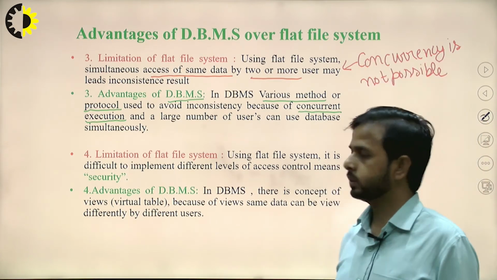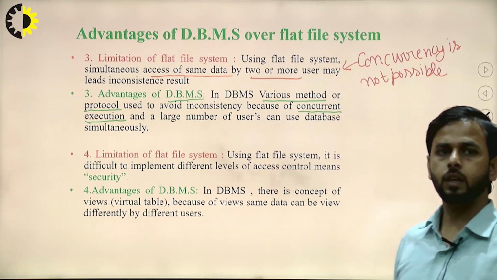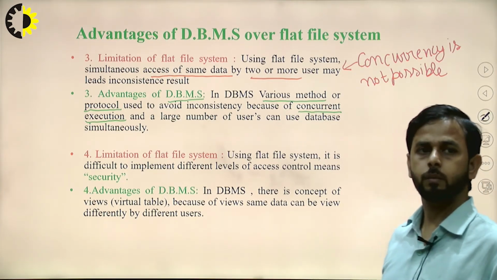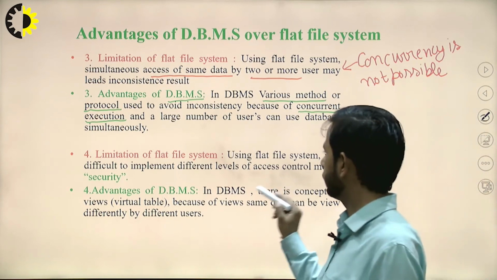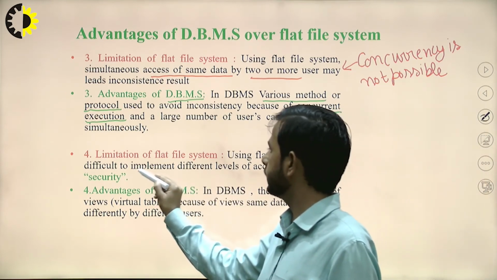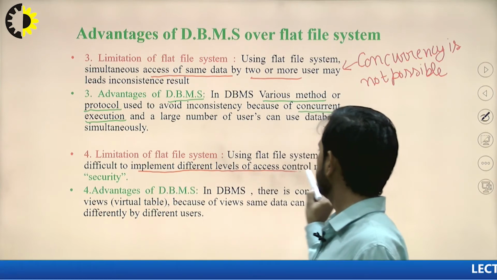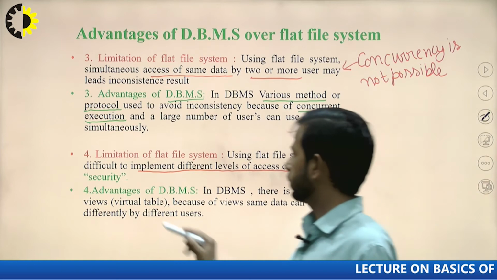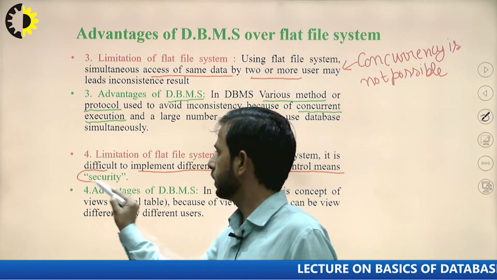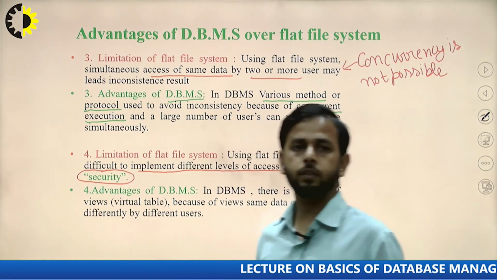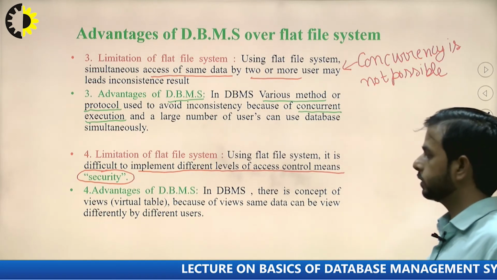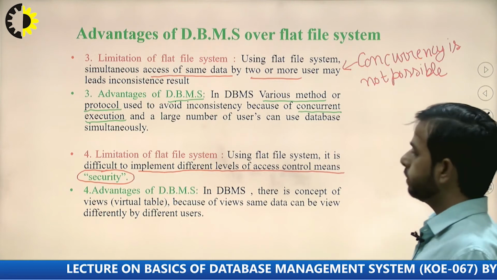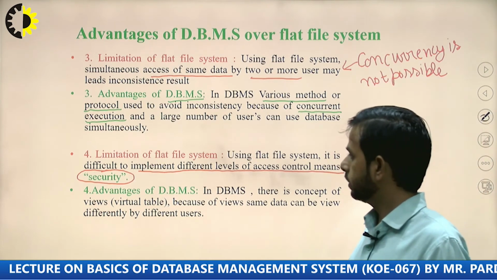Next, limitation of flat file system. Using flat file system, it is difficult to implement different levels of access control, meaning security. So the flat file system is less secure. How does DBMS overcome this limitation?